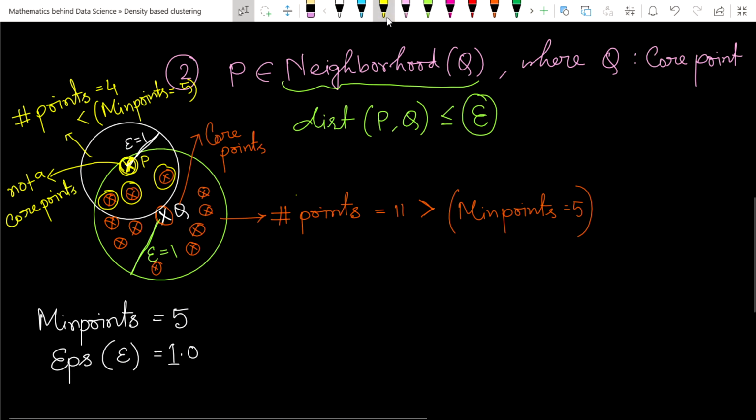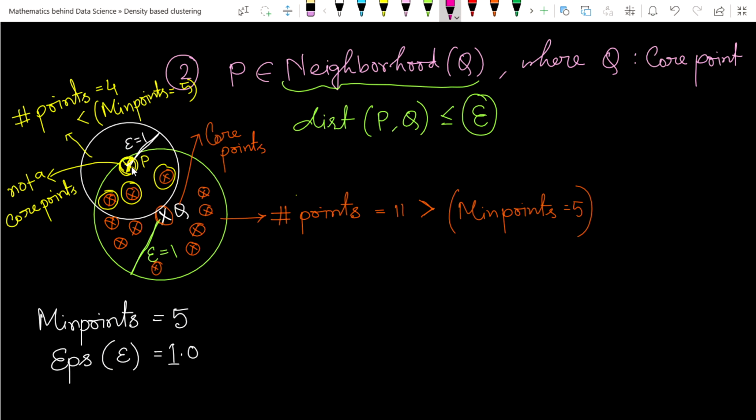Now the question that occurs here is what is the neighborhood of Q, and what is the relation between P and Q. So we have to find the distance between them.